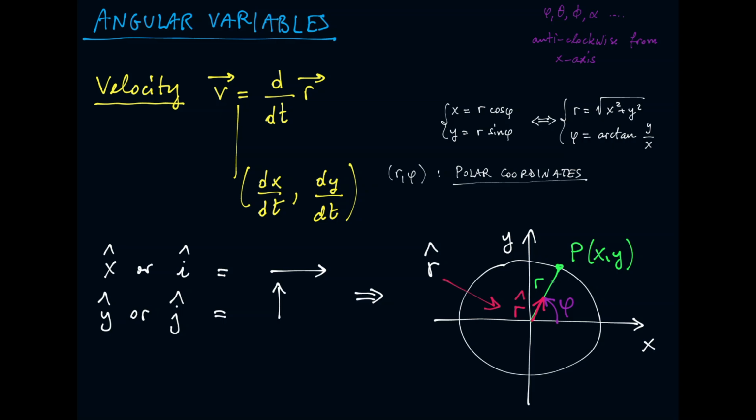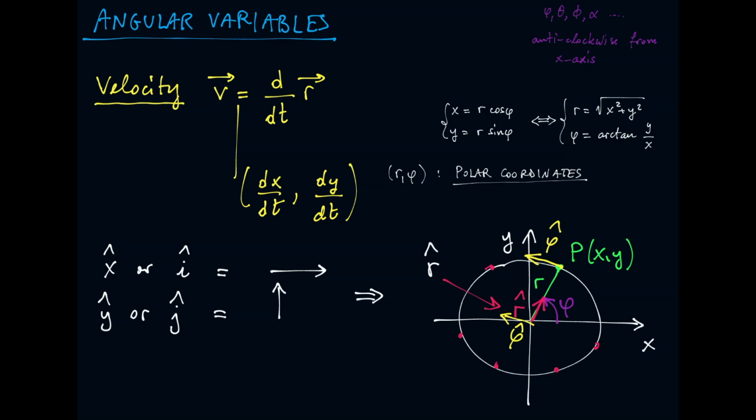And notice that it depends on where the point P is. So it's not a constant. It's not always in the same direction, which might seem inconvenient, but I'll convince you, hopefully, that it's helpful sometimes. And similarly, the unit vector in the phi direction is perpendicular to it in the tangential direction to the circumference at that point.